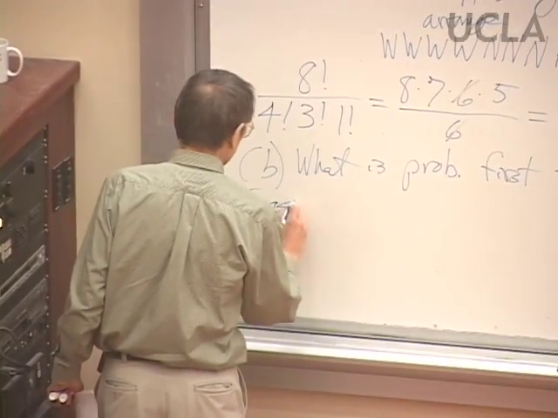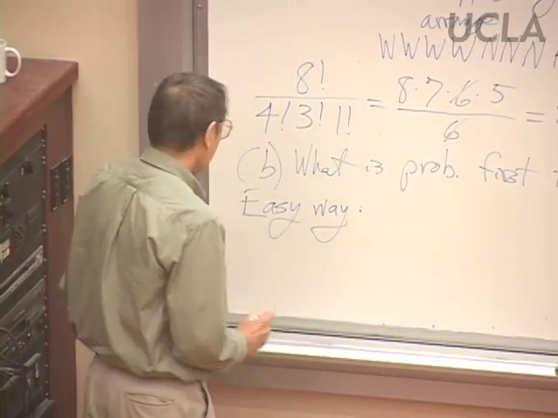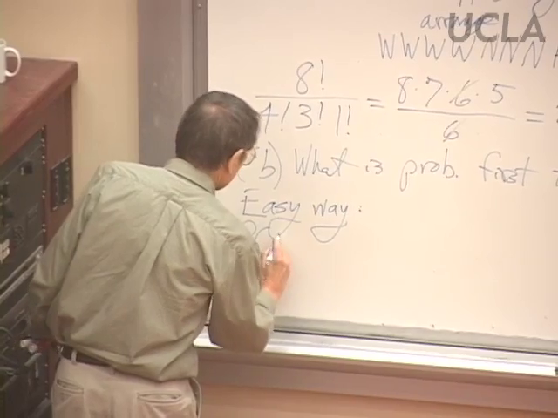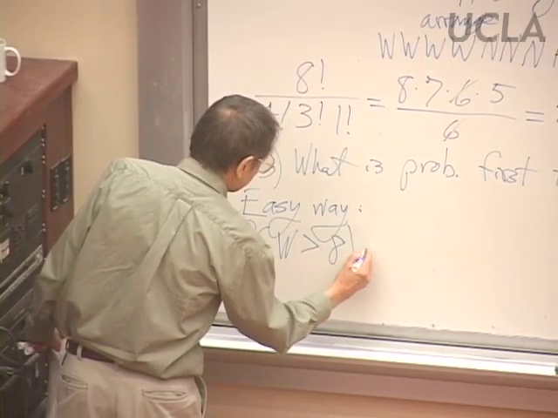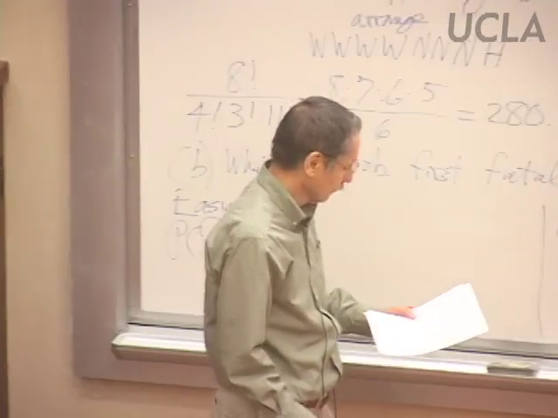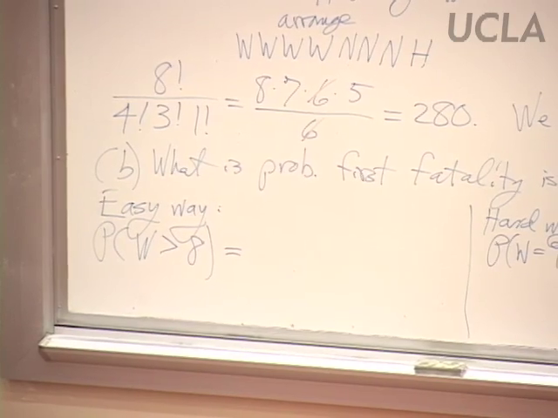But we don't have to do it right here and now, because there's an easy way. We're looking for the probability that the waiting time is more than 8. Well, that just means that there was no fatality in the first 8 cases.